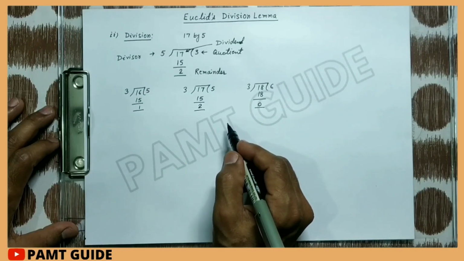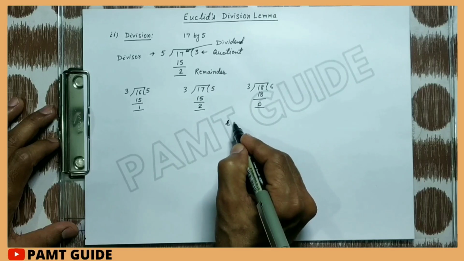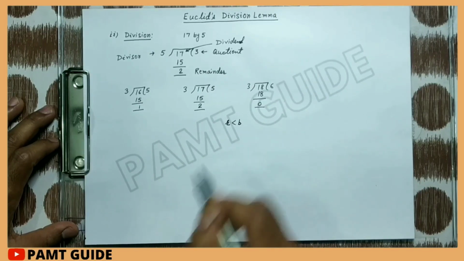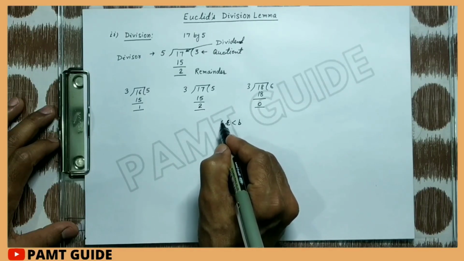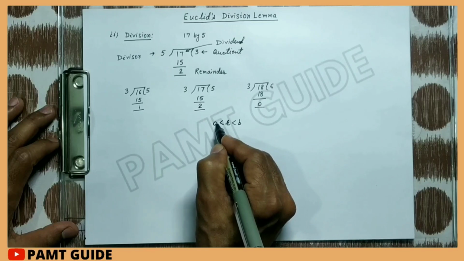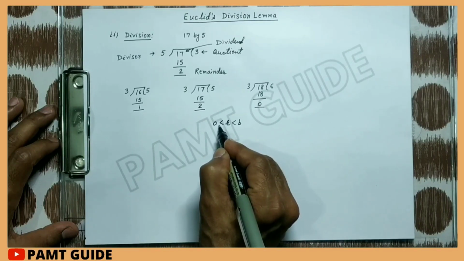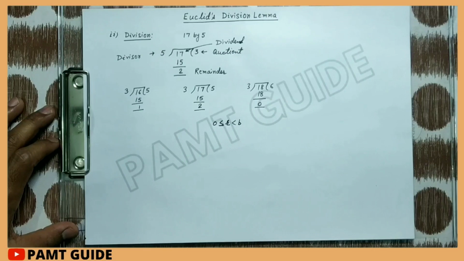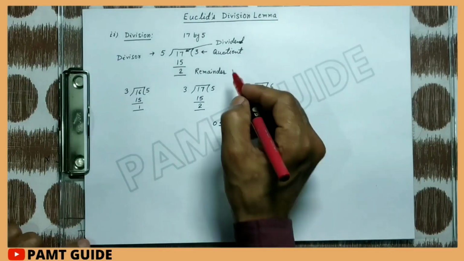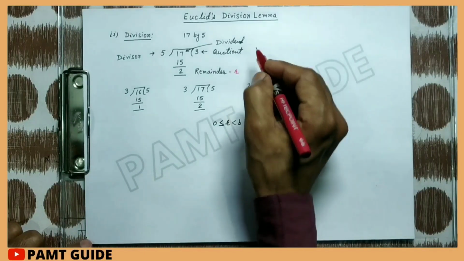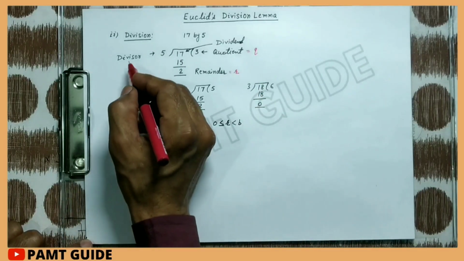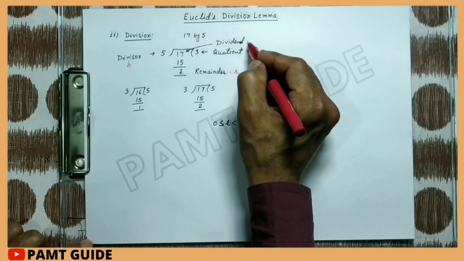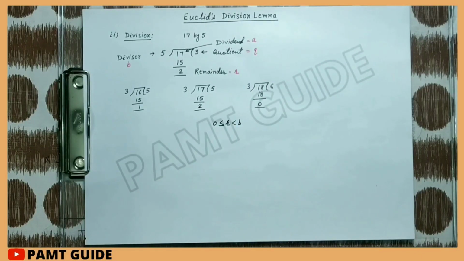So we can write the remainder is less than the divisor but greater than or equal to 0. Here we can say that remainder is equal to R, quotient is equal to Q, and we assume divisor is B and dividend is A.